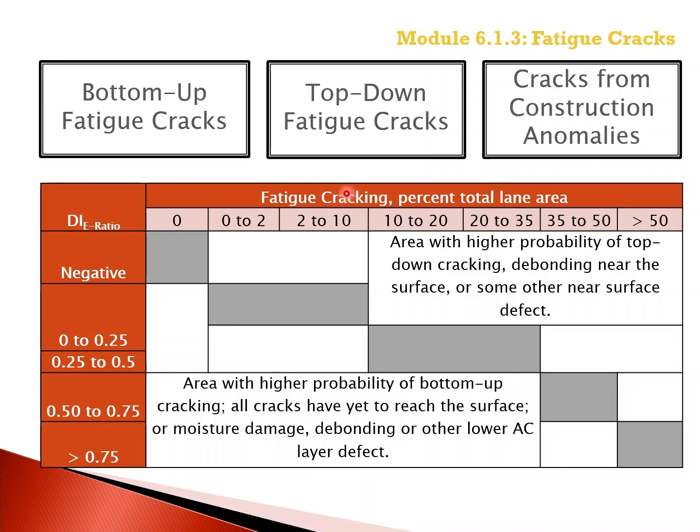Those two were used to estimate whether the longitudinal and/or alligator cracks are bottom-up or top-down fatigue cracks, and whether they are caused by some other type of mixture and/or construction deficiency or defect.